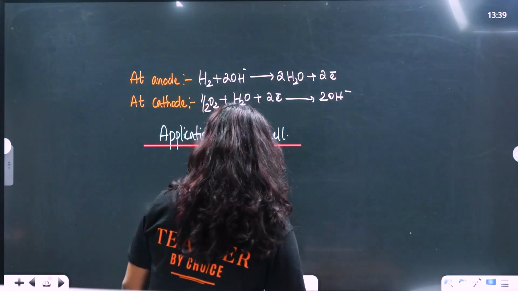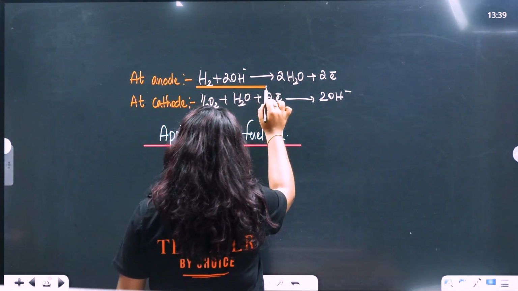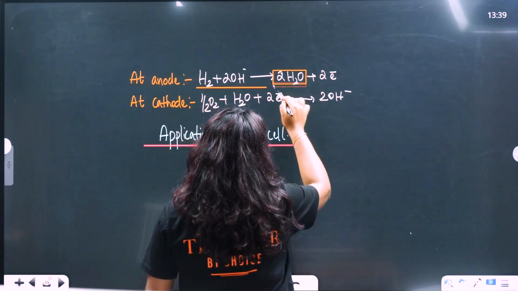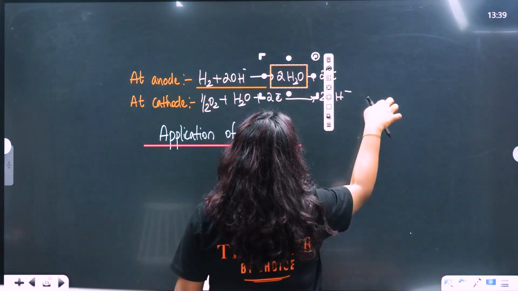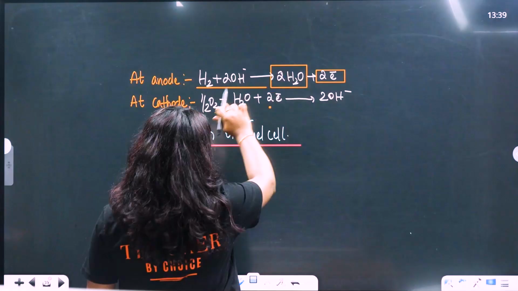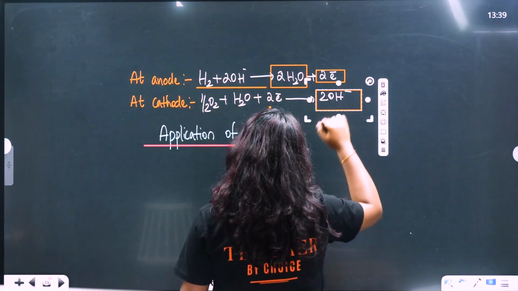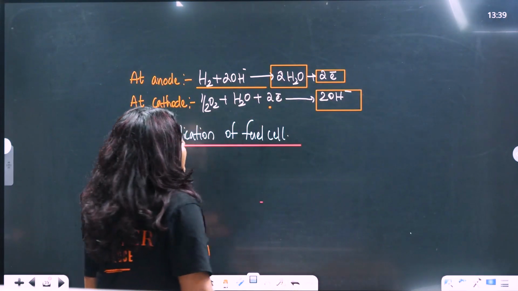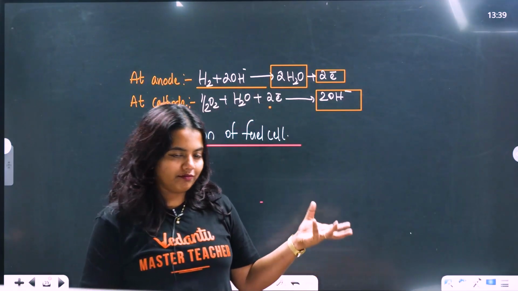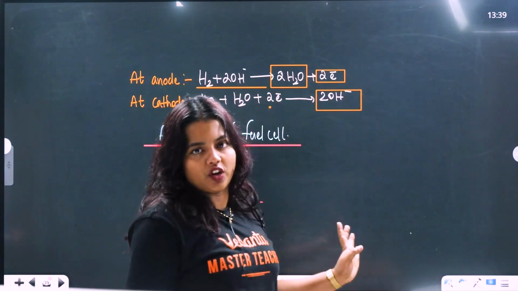Now at the anode, what is the equation here? Hydrogen is there, in the presence of 2 OH it gives water, which is expelled out, and we are getting 2 electrons also. These 2 electrons are used by the oxygen and we get 2 OH hydroxide ions. That is the reaction happening in this hydrogen oxygen fuel cell.